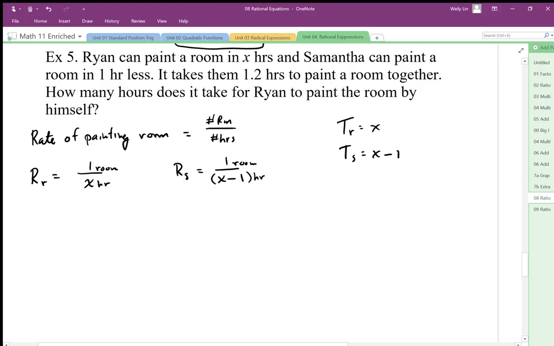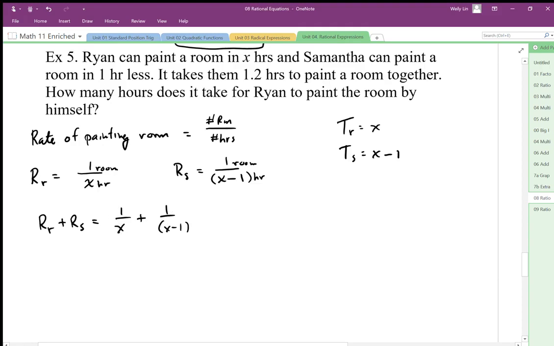So their rates together, we're going to add them together. Rate Ryan plus rate Samantha is 1 room for X hours plus 1 room for X minus 1 hours. We are allowed to add their rates, their speeds, together because that will determine how fast they're doing the room together.